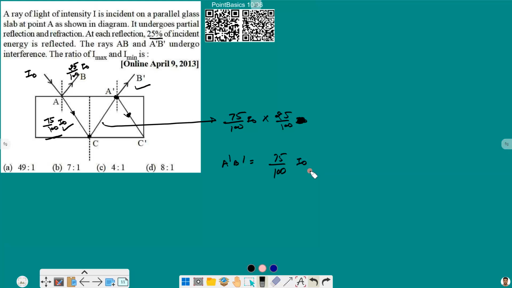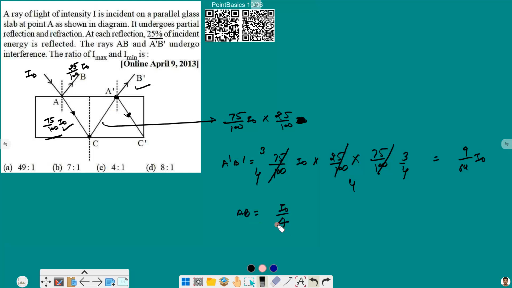Multiply the reflection factor at C, that is 25 by 100, and multiply the transmission factor for A'B', that is 75 by 100. So this will be 1 by 4, this will be 3 by 4, and this will be again 3 by 4. So we will get 9 by 64 of I node, that is A'B', and AB is just I node by 4.